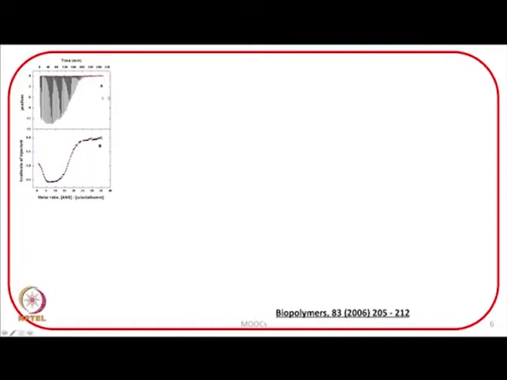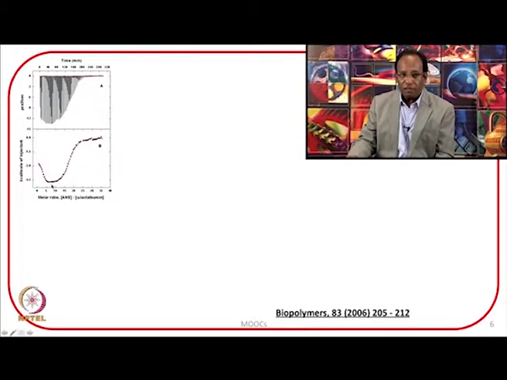This figure represents the titration of ANS with the A state of alpha-lactalbumin or the molten globule state of alpha-lactalbumin. As expected, the binding behavior is different than that observed with the native state and the denatured state. We get a very different kind of isothermal titration calorimetric profile.